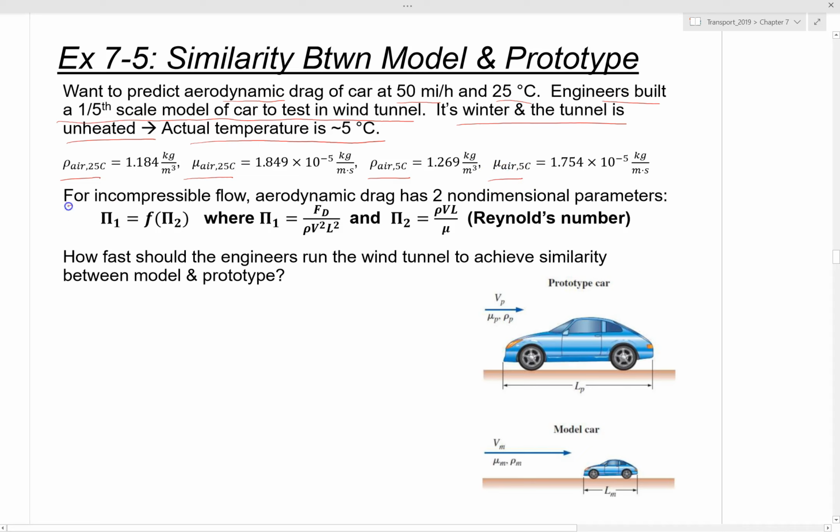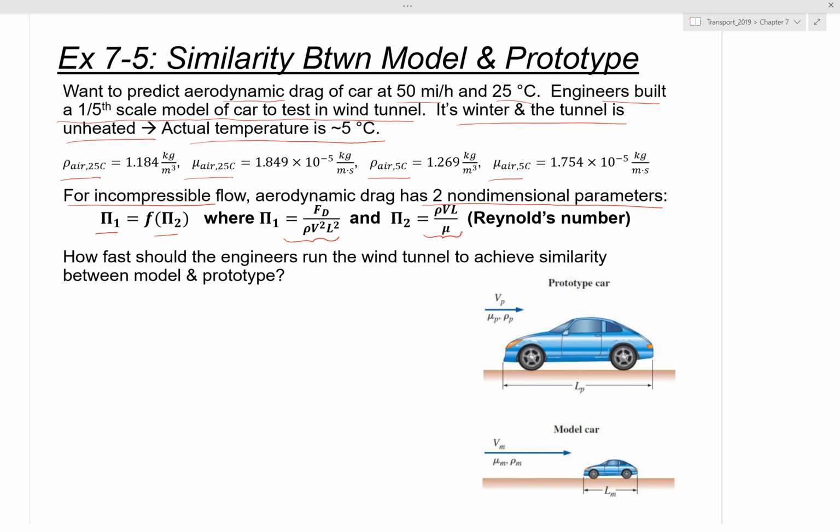And for incompressible flow, the aerodynamic drag has two non-dimensional parameters, the dependent and the independent parameters, where pi1 is this drag force, pi2 is your Reynolds number, independent, right? Dimensionless.